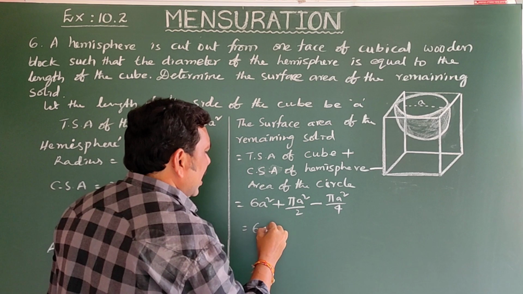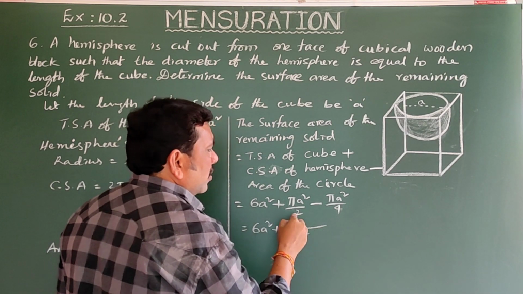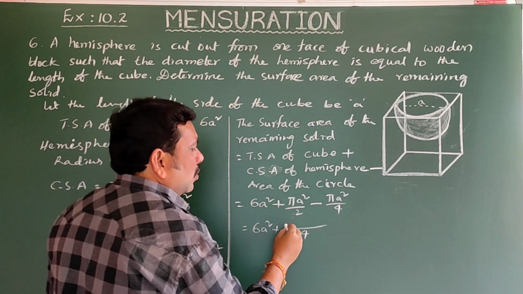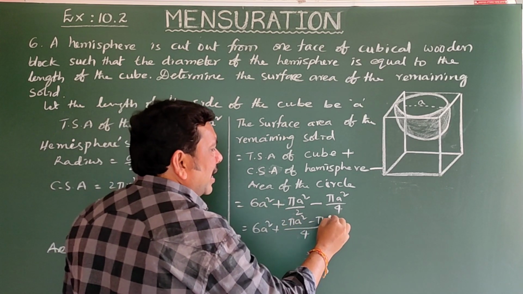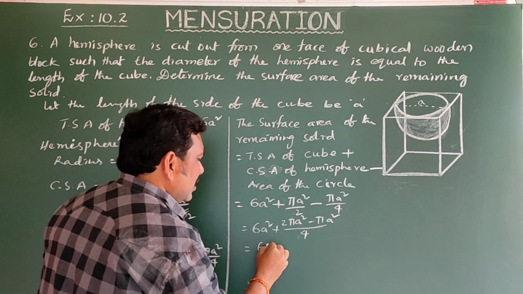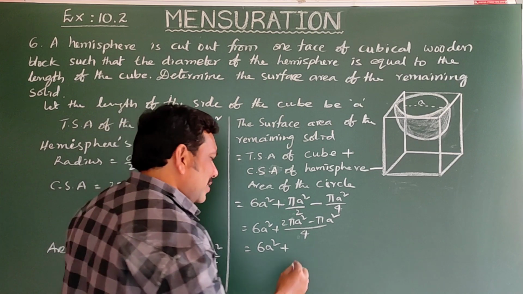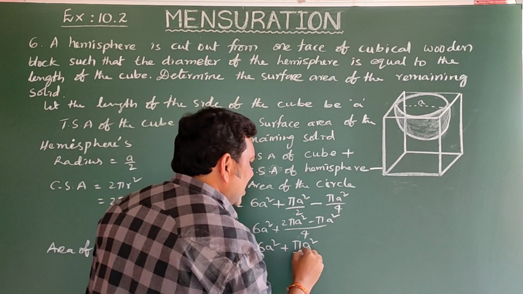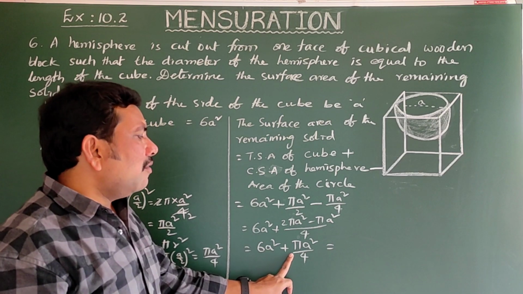See, this is 6a square plus, here what is the LCM for both? 4. 2 times now. 2 pi a square minus 1 time only, pi a square. So that is equal to 6a square plus 2 pi a square minus pi a square, all by 4. Right? Here in both, what is common?